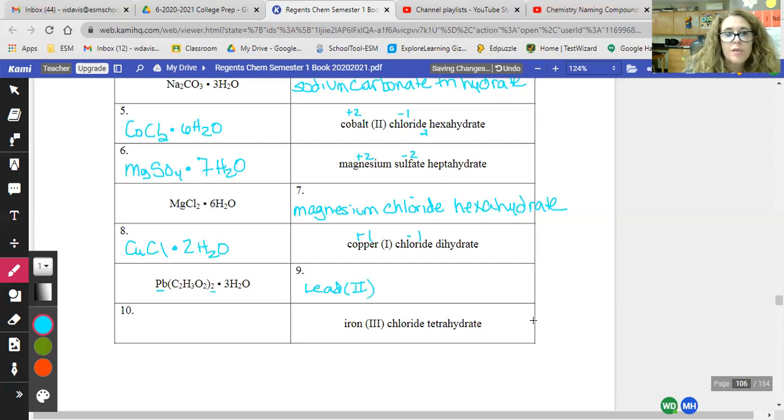And then I'm just going to double check if that works, right? I know the acetate is a -1, and sorry, this is also acetate. And I know the acetate is -1, so if I have 2 times -1, that's -2. So then lead is +2, and yep, that works for my Roman numeral 2. And then I'm going to do my dot, and then trihydrate.